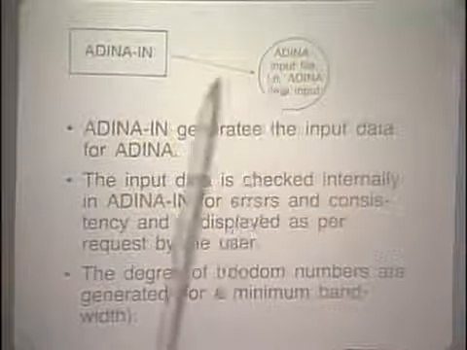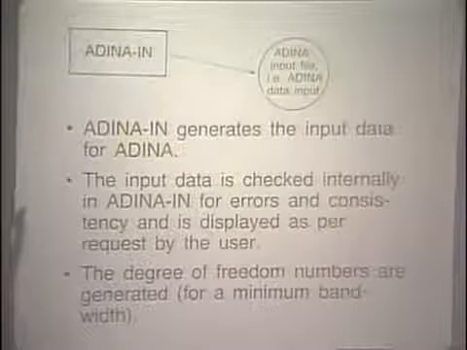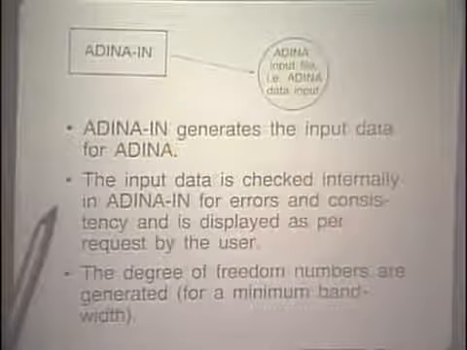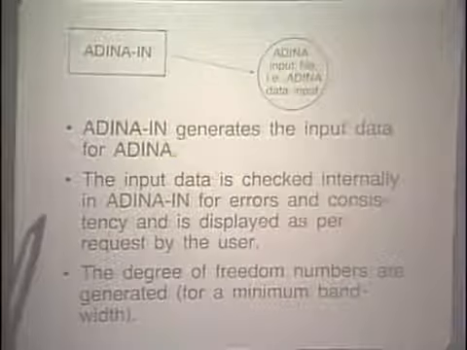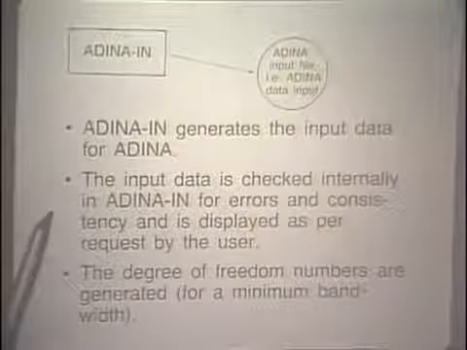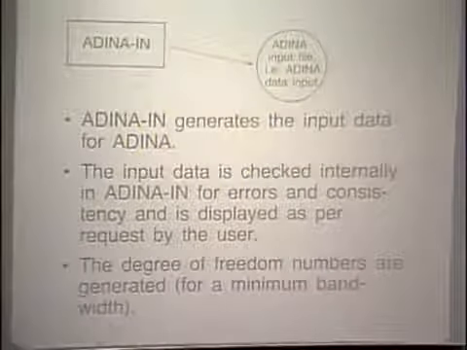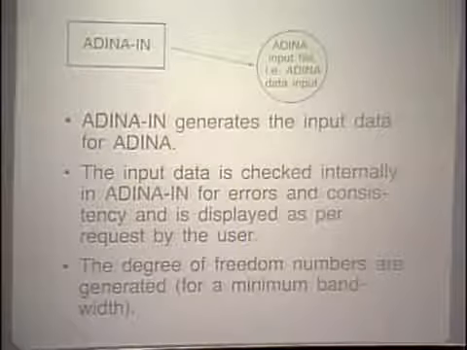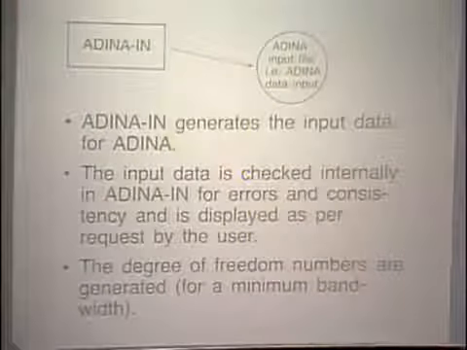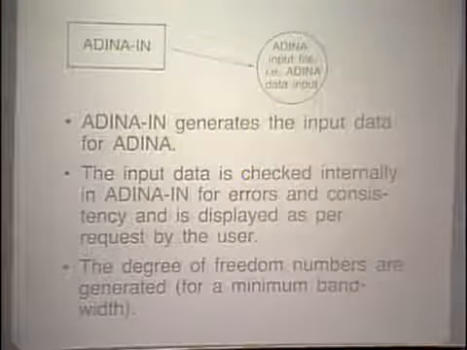ADINA-IN generates the input data for ADINA. The input data is checked internally in ADINA-IN for errors and consistency, and is also displayed as you are requesting it as a user. The degree of freedom numbers are generated, and to obtain a minimum bandwidth, we have a bandwidth minimization algorithm in the program, as I will point out a bit more strongly later on.